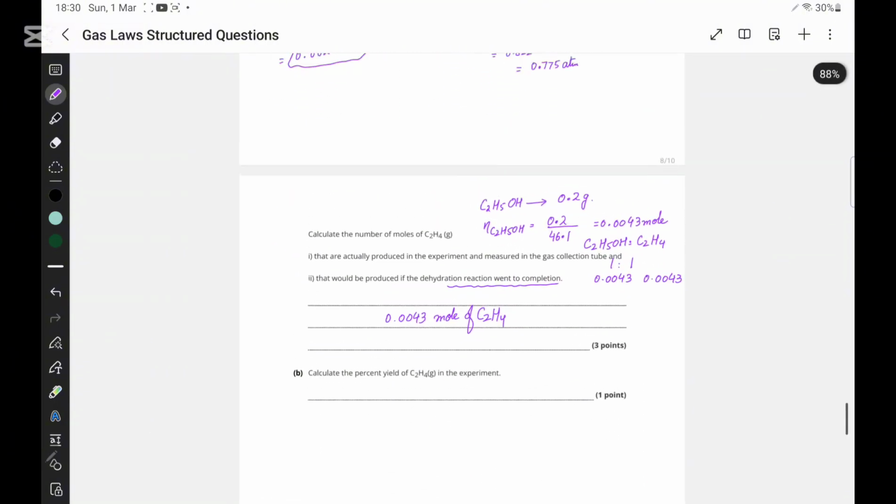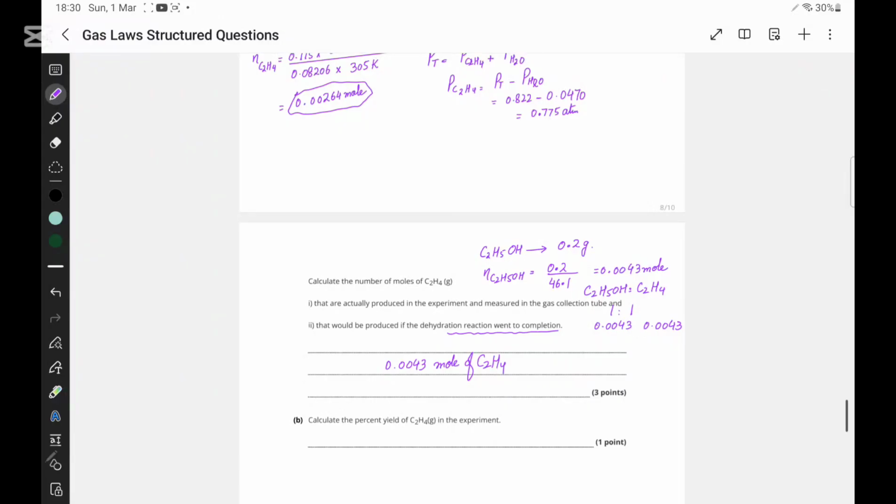And now we have to calculate percentage yield. The formula for percentage yield is actual yield divided by theoretical yield times 100.